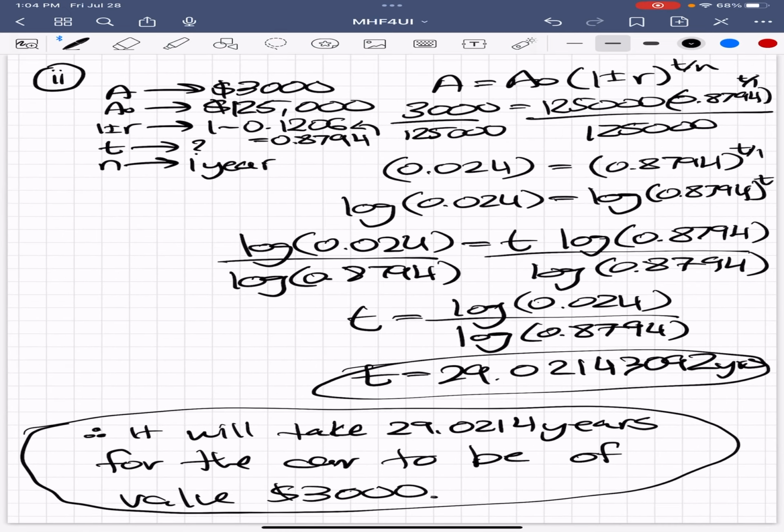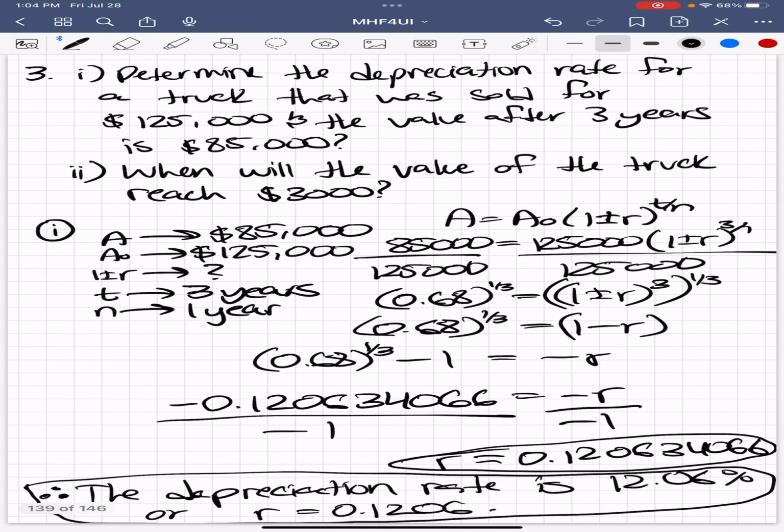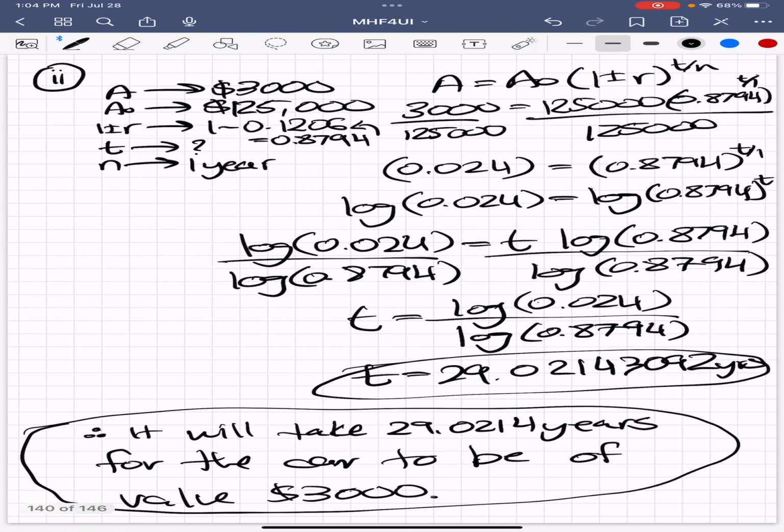Okay, I'll give you a second to write all that down. Just a reminder, our question was, question 2, when will the value of the truck reach $3,000?